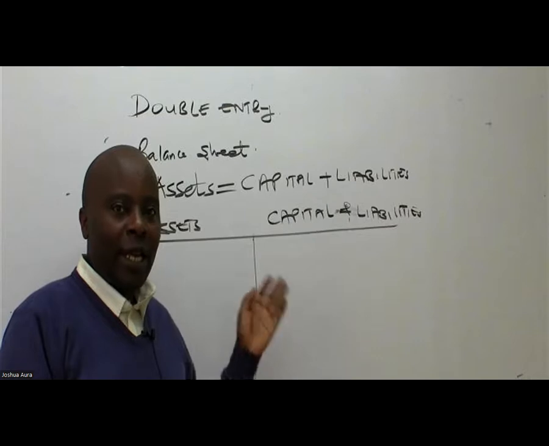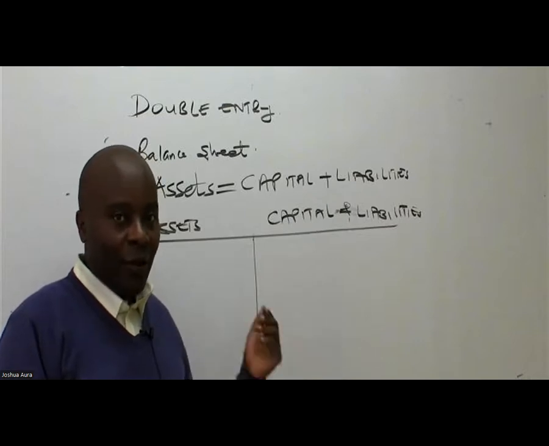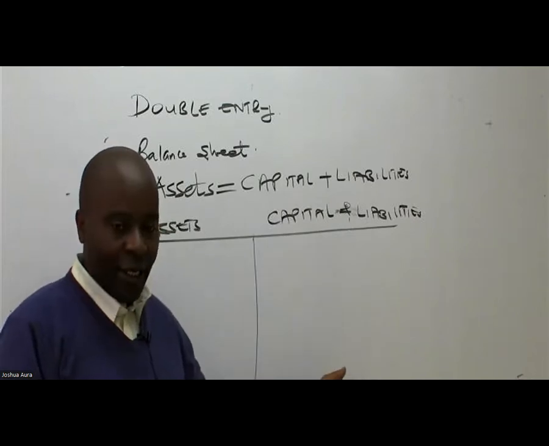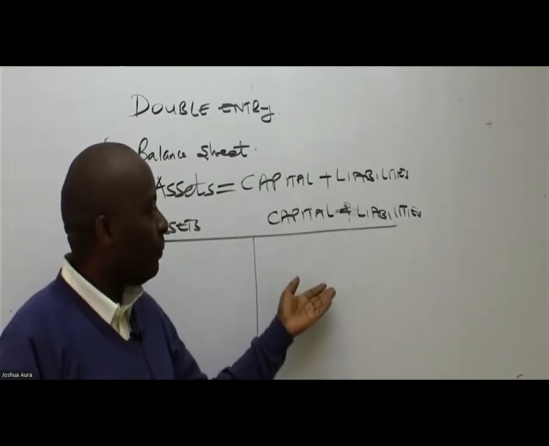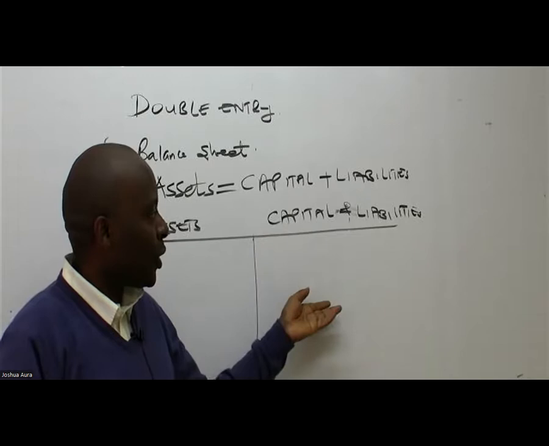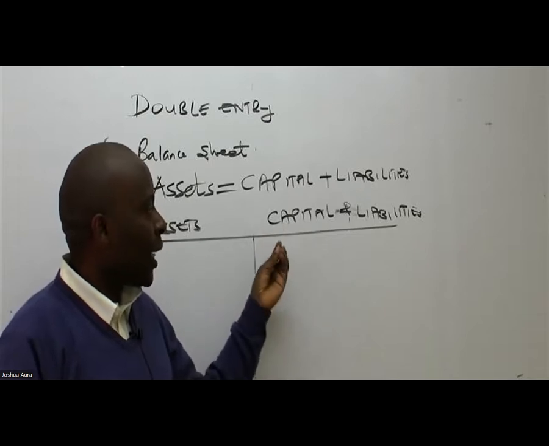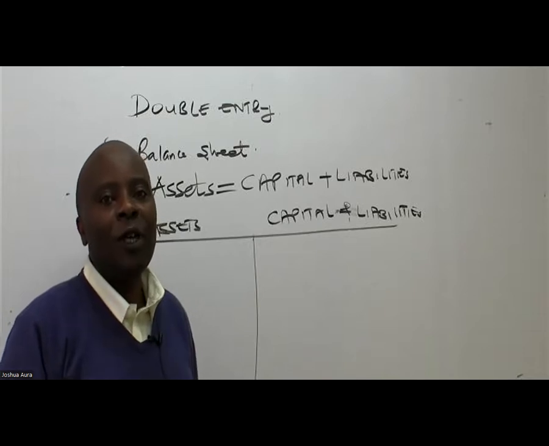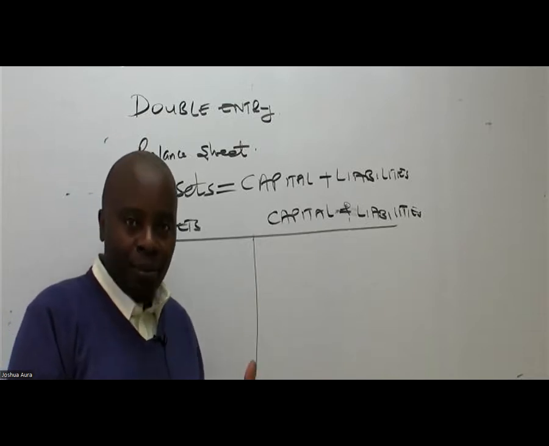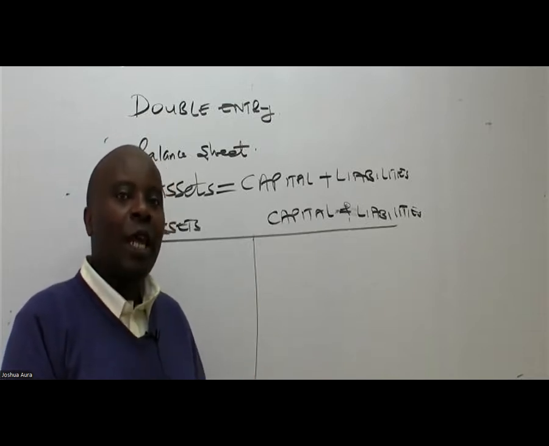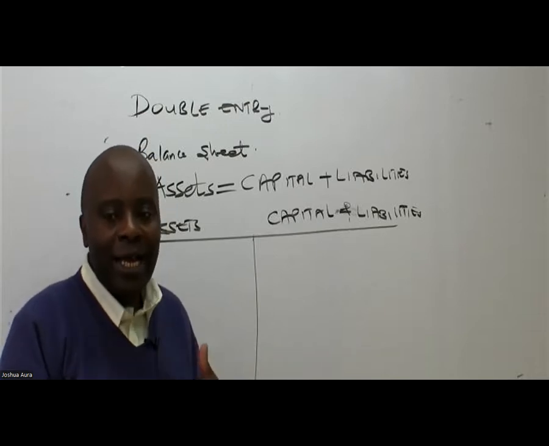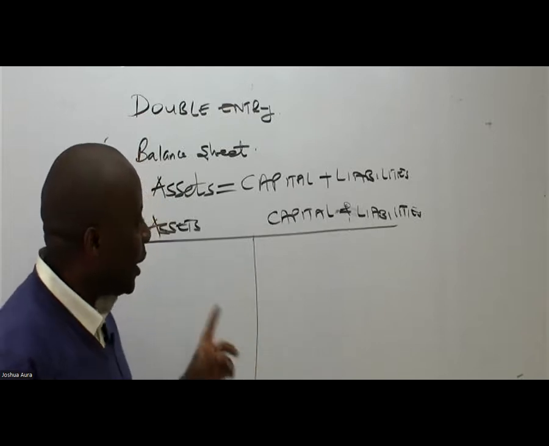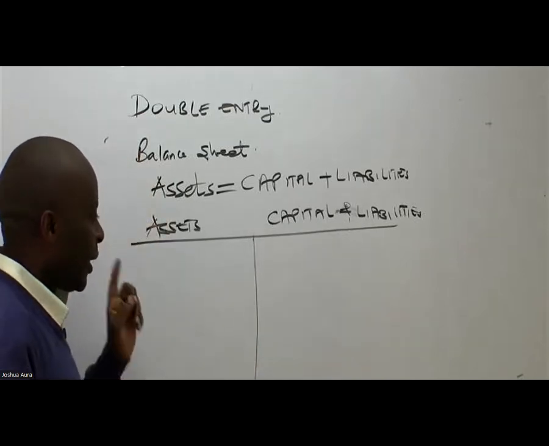Perhaps the owner brought in money through owner's contributions, that is capital. Perhaps this vehicle was bought by ourselves on credit, so we incurred a liability.